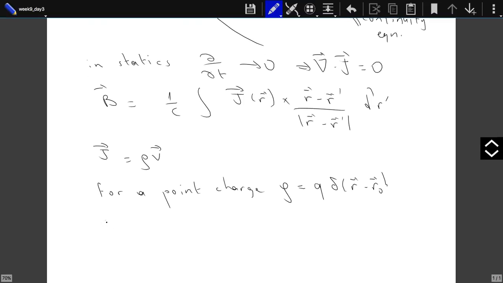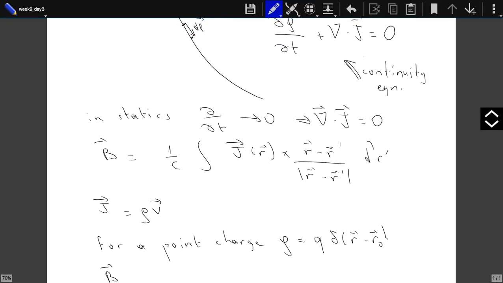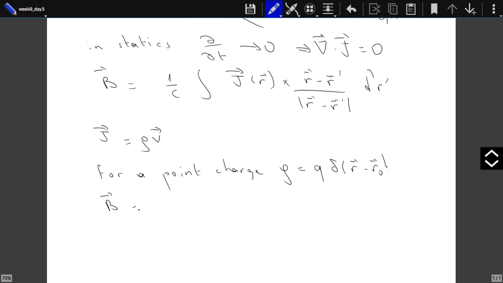And then the magnetic induction, if you just put it in the above expression, B just turns out to be 1 over C Q V0, the velocity of my charge, cross R minus R0 divided by, here I have a cube, the magnitude of R minus R0 cubed.